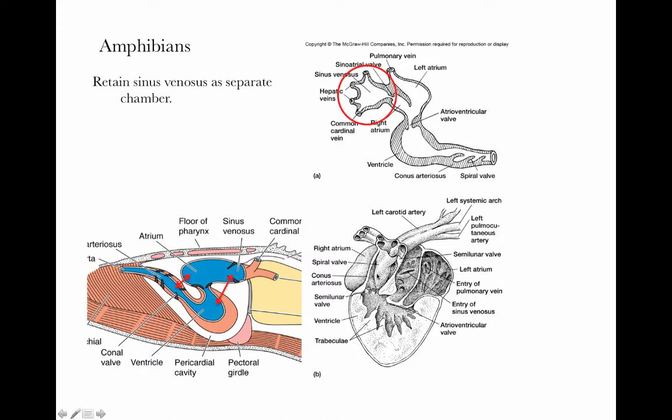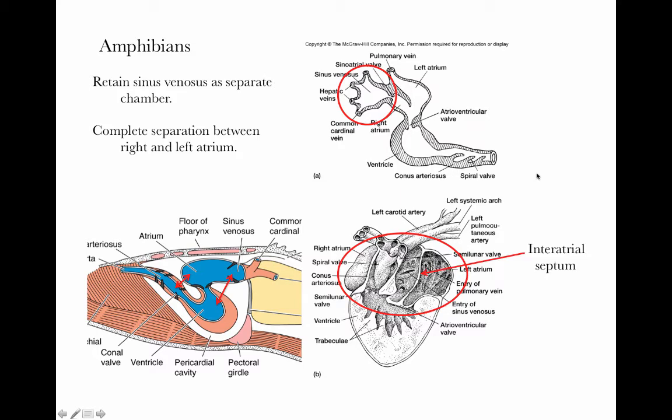So in amphibians, we're going to retain the sinus venosus as a separate chamber. You can see it here. And again, we get complete septation between the right and left atria. So there's that interatrial septum separating the two.